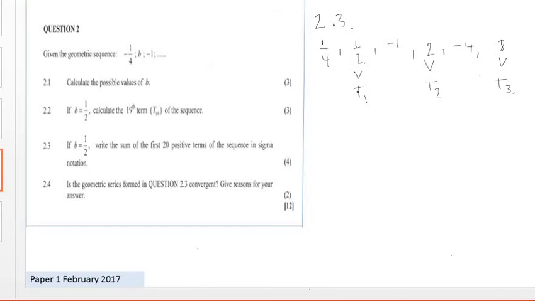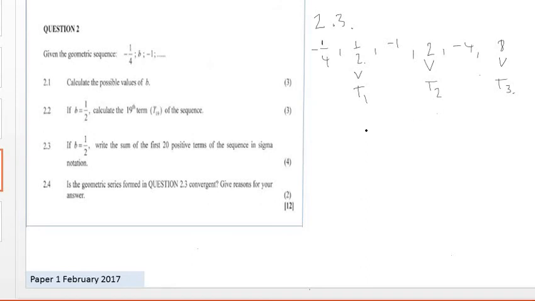If we consider T1, T2, and T3, we have a second geometric sequence, since the common ratio between the second term and the first term is the same as the common ratio between the third term and the second term.